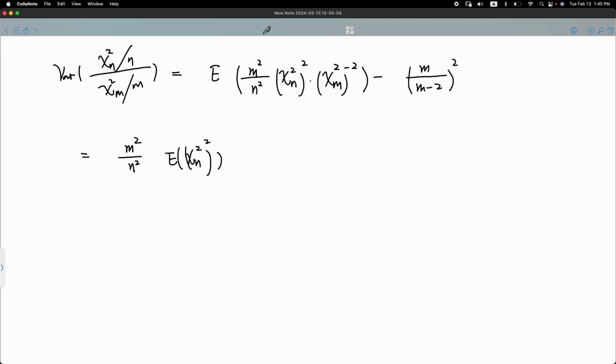The 2 here is just notation for chi-square, and these are two totally different things, so don't make it a power of 4, okay? And then this is chi-square with m degrees of freedom raised to the power of -2, closing that, minus m over m minus 2 squared.